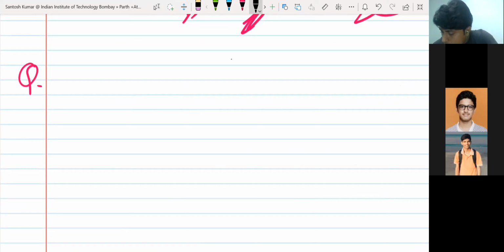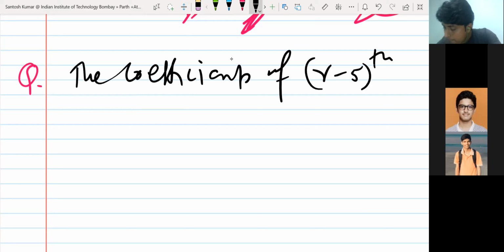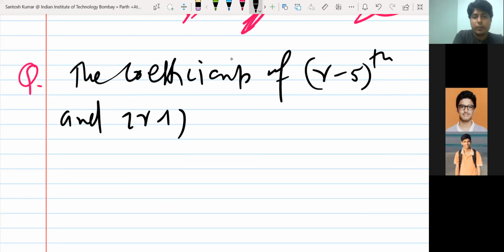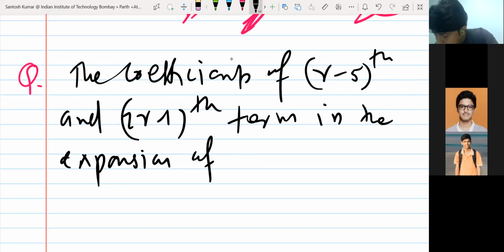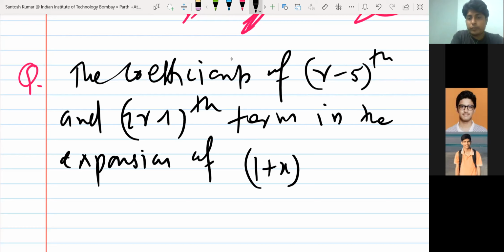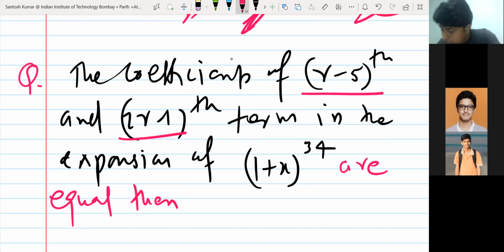The question is: if the coefficients of the r minus fifth and 2r minus 1th terms in the expansion of (1 plus x) raised to power 34 are equal, then find r.